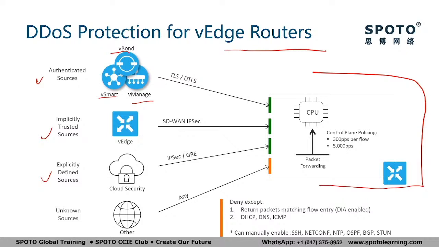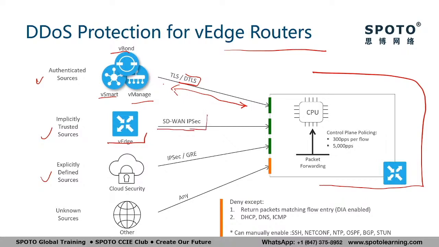By default, they are allowed to communicate to this vEdge router. The communication is encrypted by DTLS. The second trusted source is the implicitly trusted source. For example, other vEdges. The communication is through the SD-WAN IPsec tunnel.